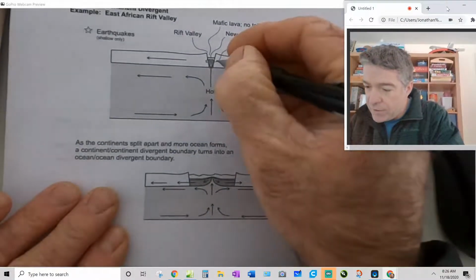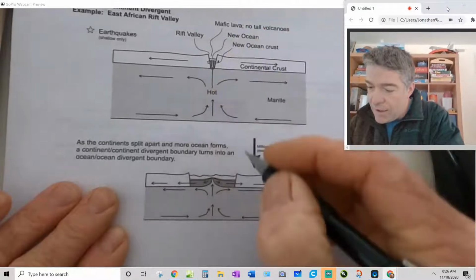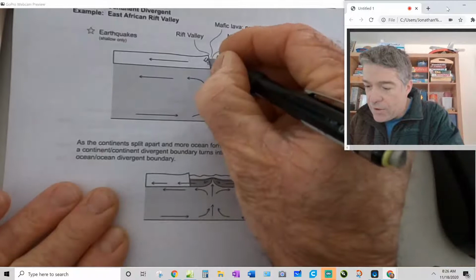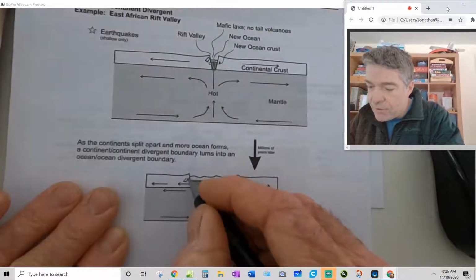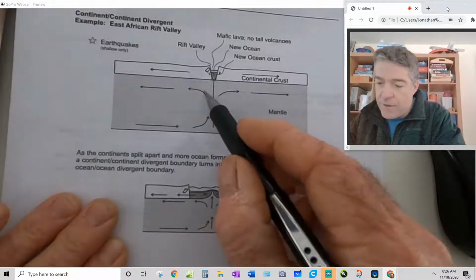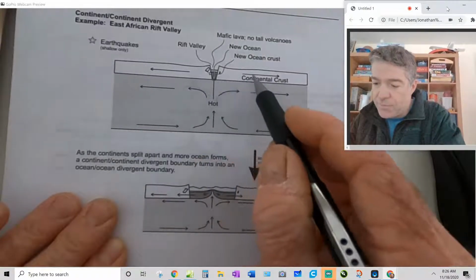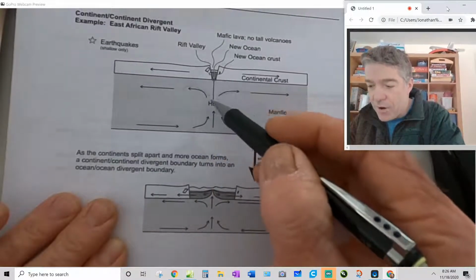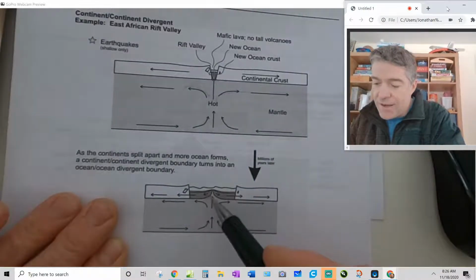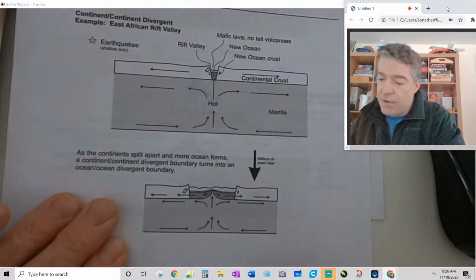So if I make a little dot right here, that little dot is going to be over there. And if I make a little square here, that little square is going to be moved over there. This pushing of the mantle will spread this apart. And as it spreads apart, new ocean crust is coming up and hardening in between. So now this is an ocean-ocean divergent boundary.